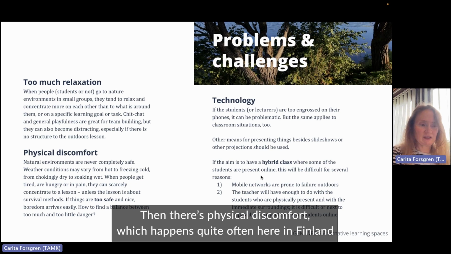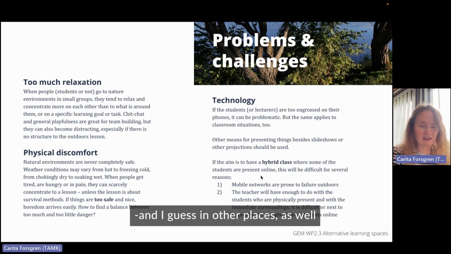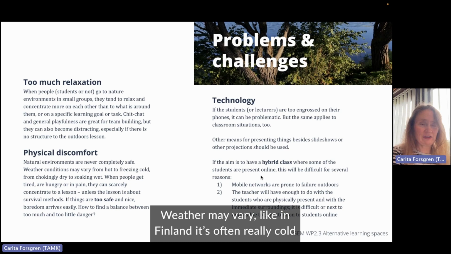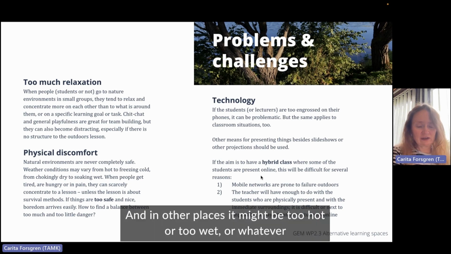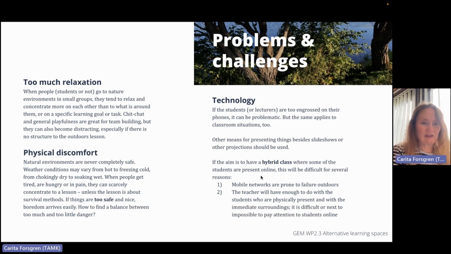Then there's physical discomfort, which happens quite often here in Finland, and I guess in other places as well. I mean, weather may vary. In Finland, it's often really cold, and in other places it might be too hot or too wet or whatever.